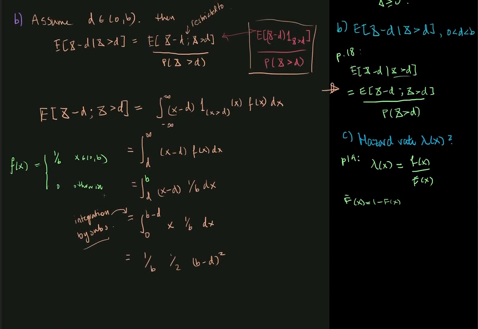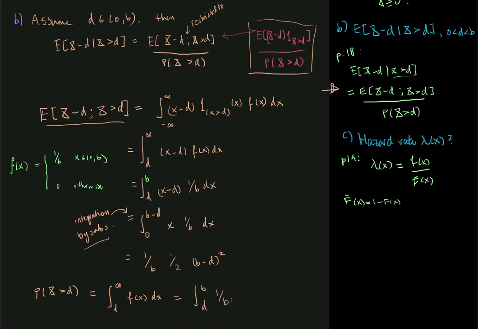Now, what about the denominator then? So now I have the numerator. Now I want the denominator, the probability that x is greater than d. Well, for any event that we want to find the probability of, we can find that by integrating the density over the set that the event is given by. So we want to integrate the density over d to infinity, and then we recall that the density is bounded by b.